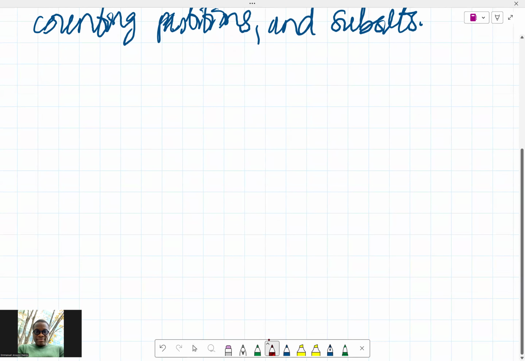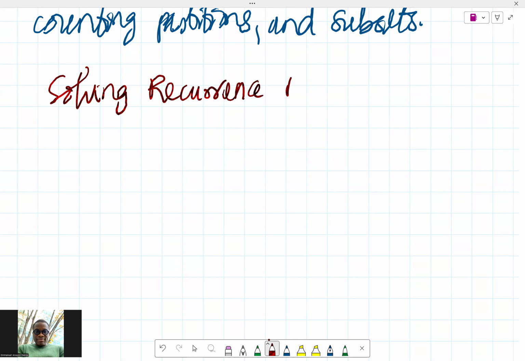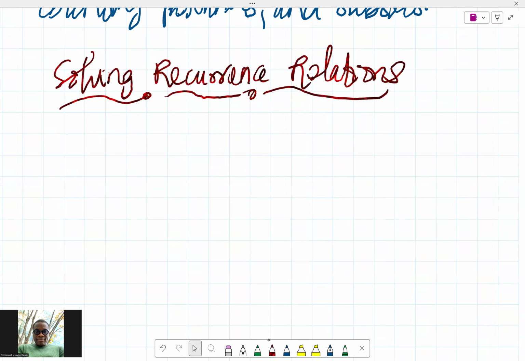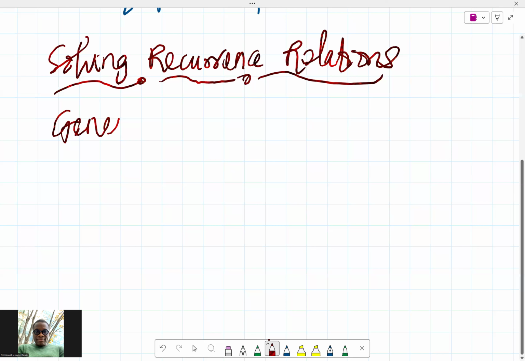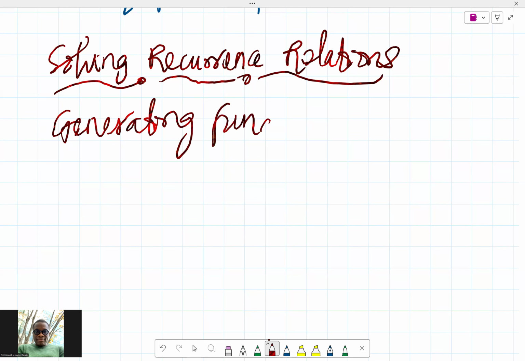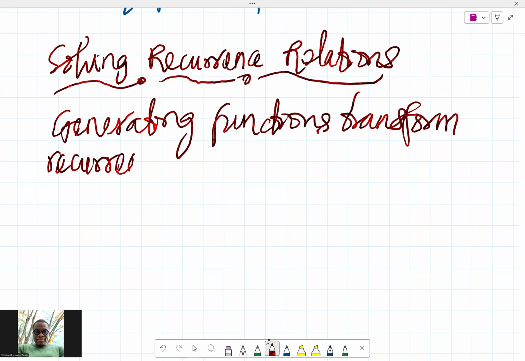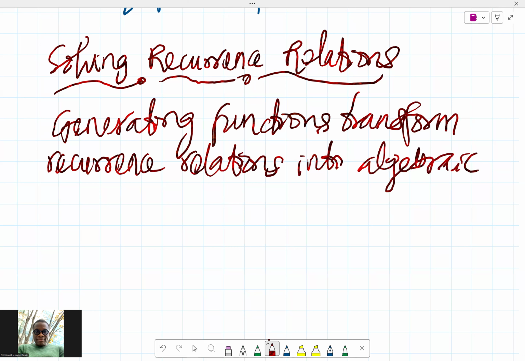Now, having said all of that, can we see some of these things specifically? For instance, can we look at solving recurrence relations? Generating functions transform recurrence relations into algebraic equations, making them easier to solve.